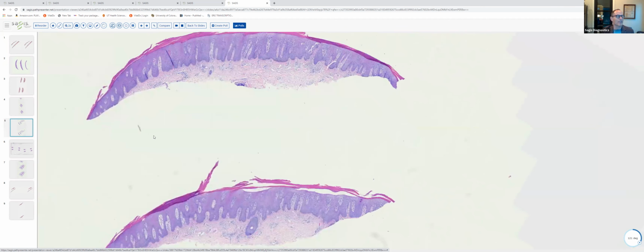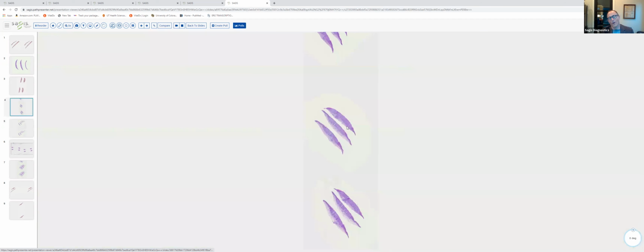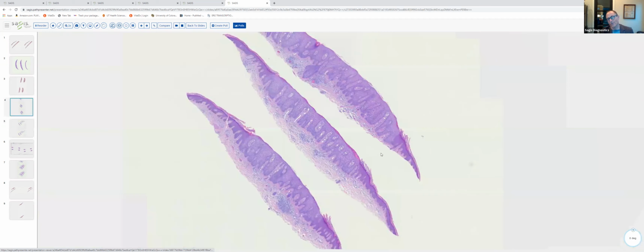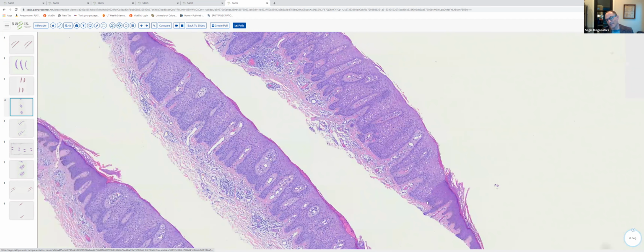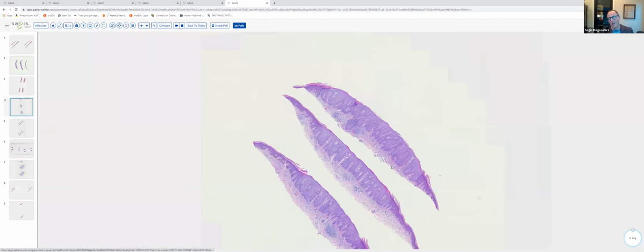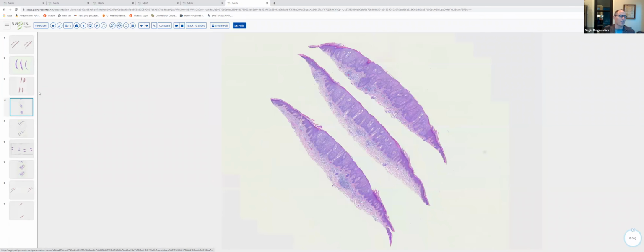So that, going back to the pale cell acanthoma, is what distinguishes the two entities. So if you don't see this distinct transition, then you're probably dealing with psoriasis and not a pale cell acanthoma. So that's your key histologic feature there.